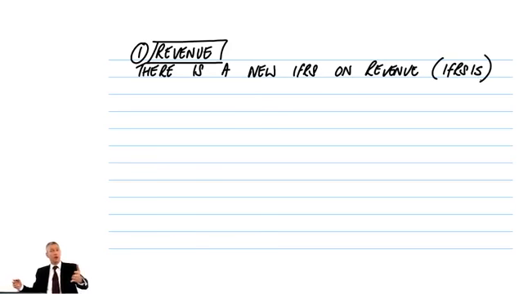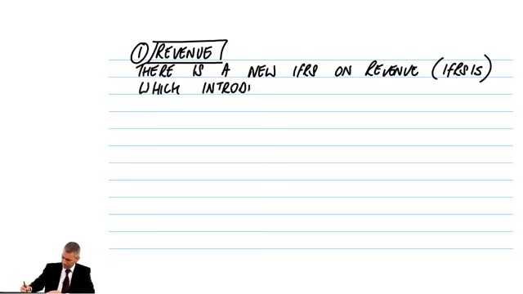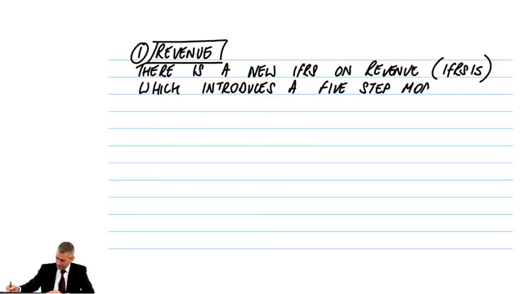There are no marks for IFRS numbers, but you will find you remember that one, which introduces a 5-step model, it's called. I wish it had been called a 5-step framework, but it's called a 5-step model, which is Cooper.